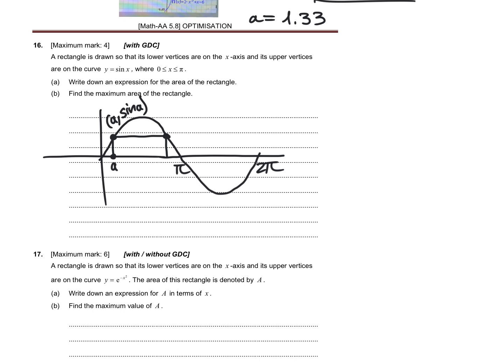So this one, okay, let me just draw this out. So this whole distance is pi, right? And then this distance is A, and this distance is A, right?